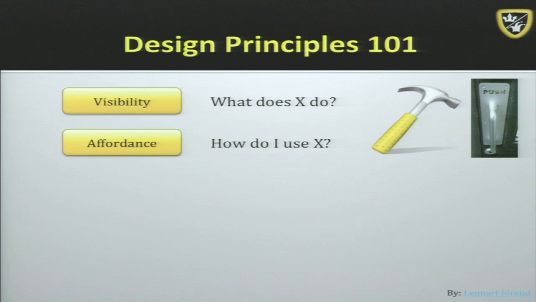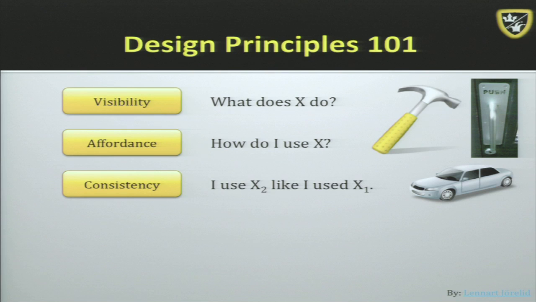So not completely stupid people, but a rather interesting design, shall we say. So that's visibility and affordance. What does the object do, and how do I use it?